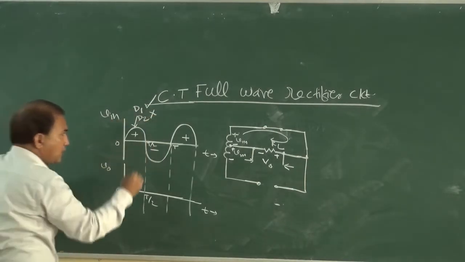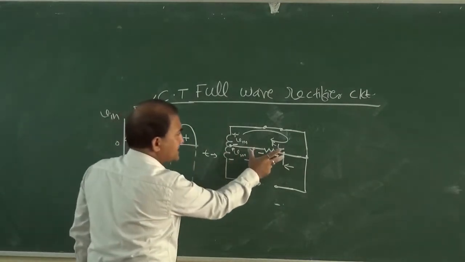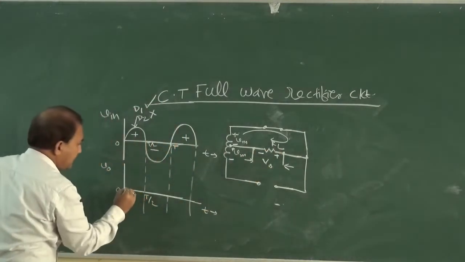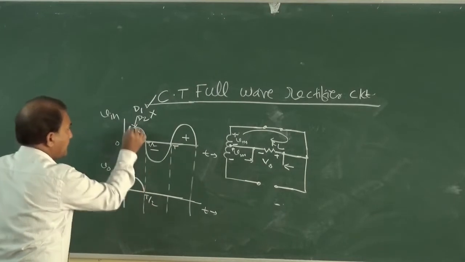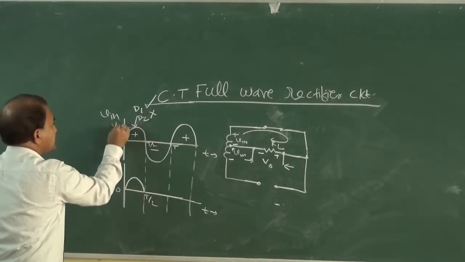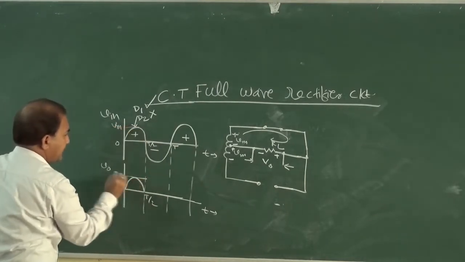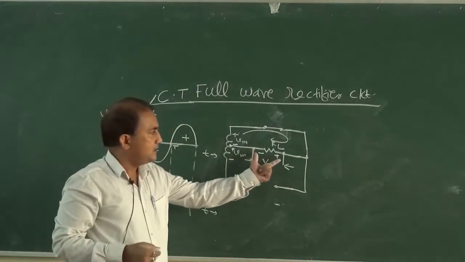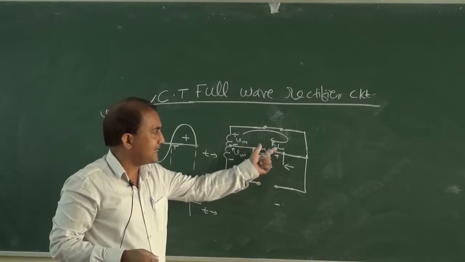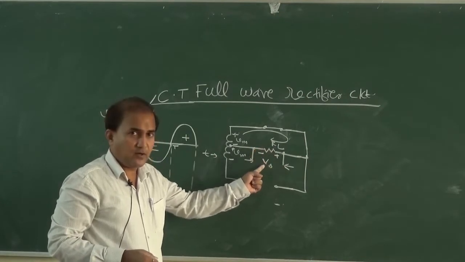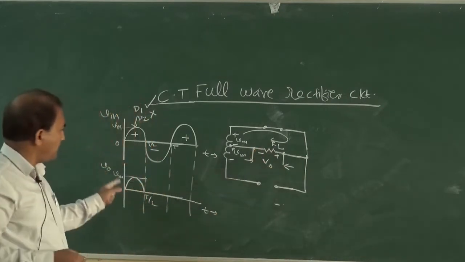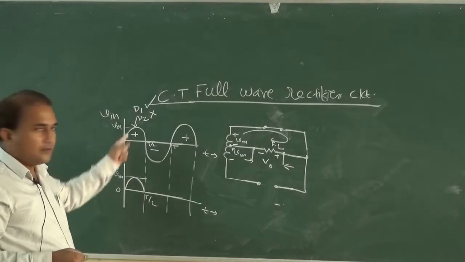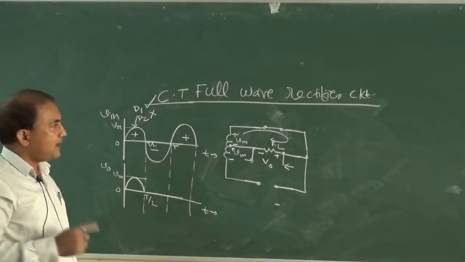So the output that appears across this load will be the same. Suppose its peak amplitude is Vm. It will be like this. So the voltage drop across this RL, V output, is equal to the same V in.